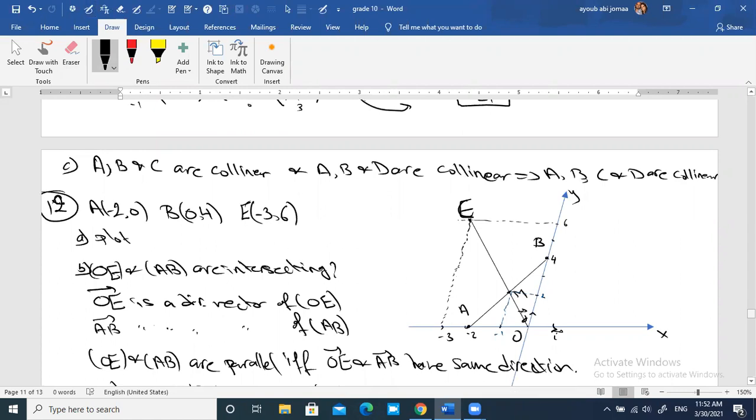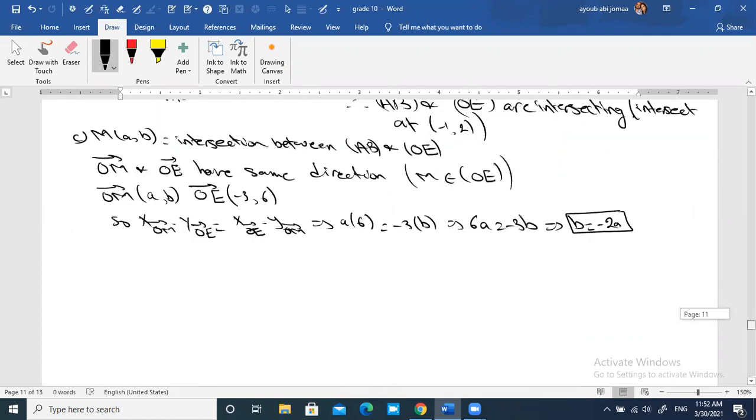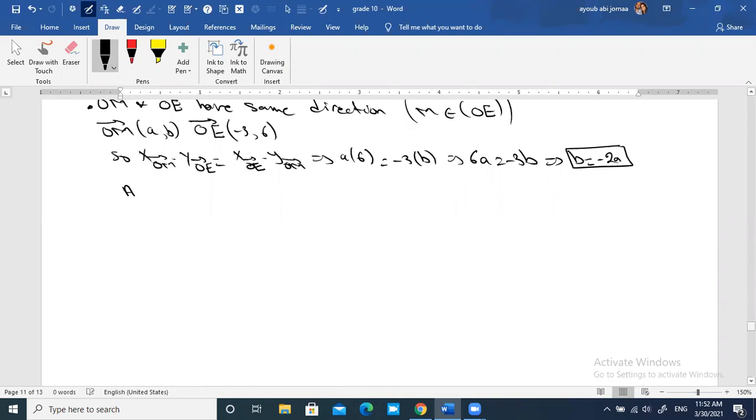Again, since M belongs to line AB, then XAM times YAB is equal to XAB times YAM. But let me write the components of vector AM.